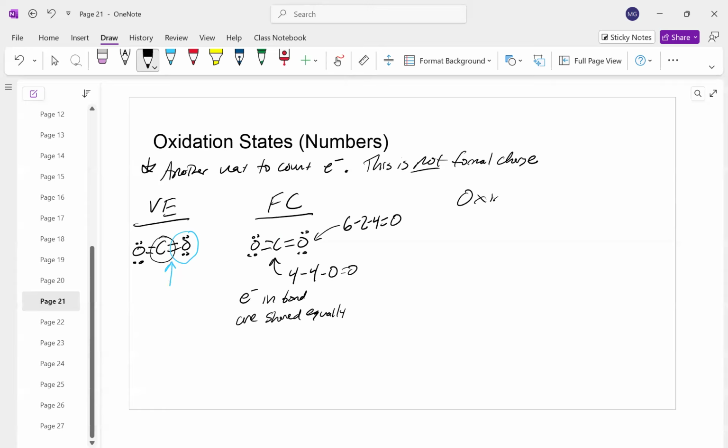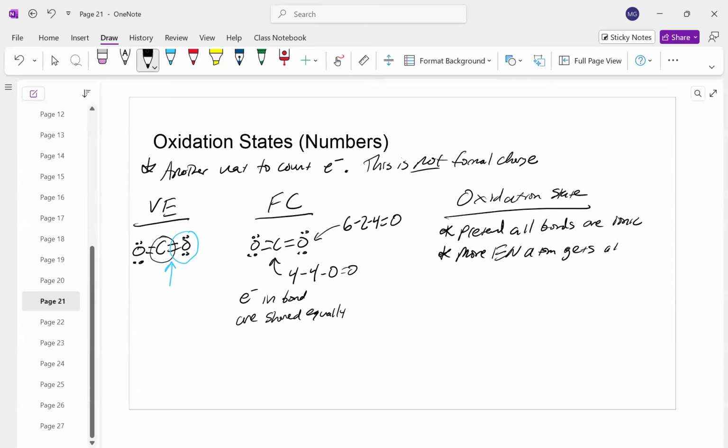Now, how does this relate to oxidation state? For the oxidation state or oxidation number, we pretend that all bonds are ionic. And then we say the more electronegative atom gets all the electrons in a bond. So let's use carbon dioxide as an example again.